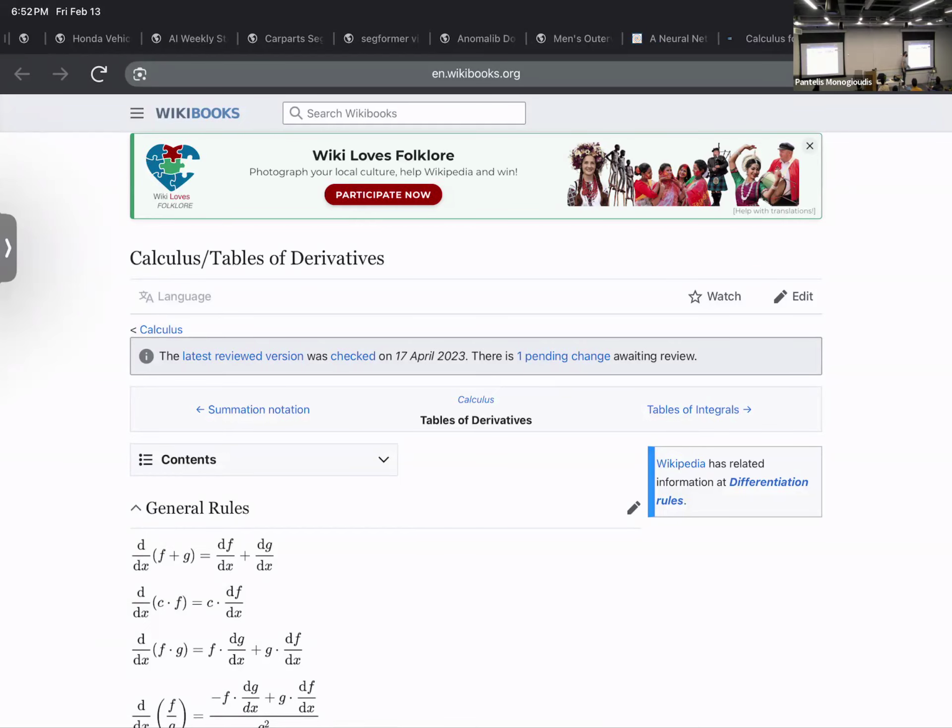Which entry in the table have I just used? Let's go. So f is x in our case, right? So I have a partial derivative of c times x with respect to x, and therefore it is c times partial derivative of x with respect to x, which is 1.